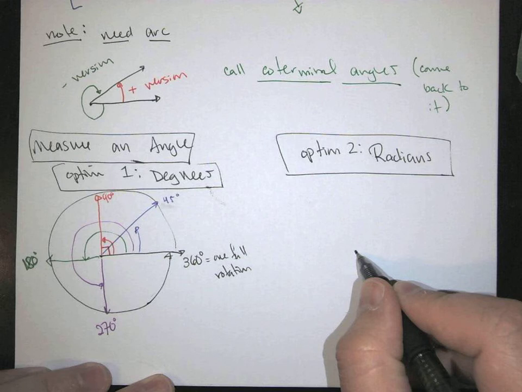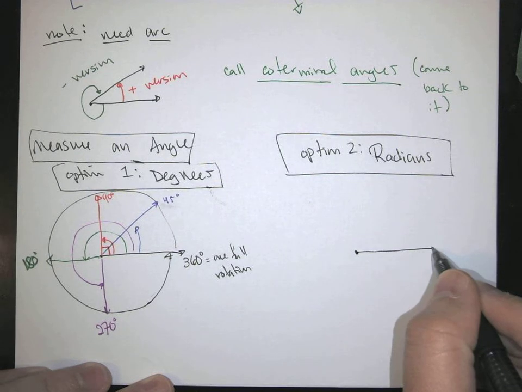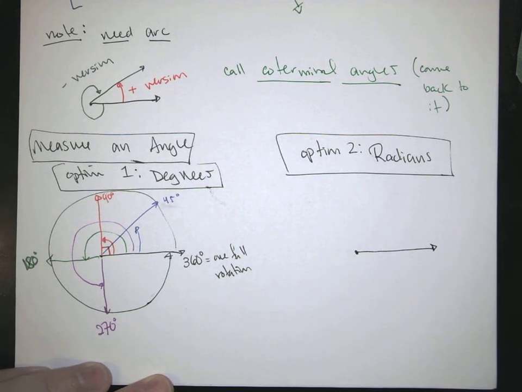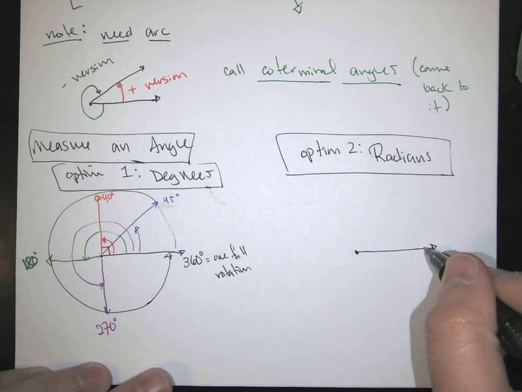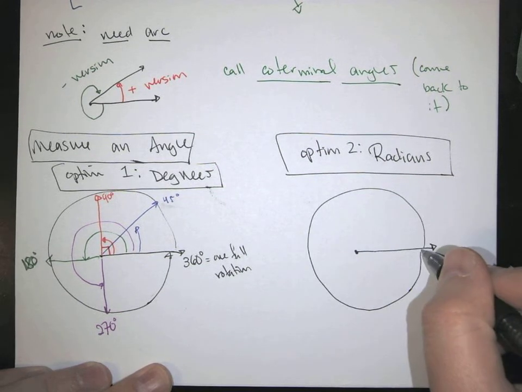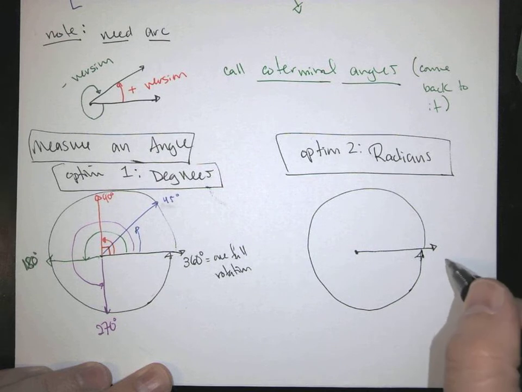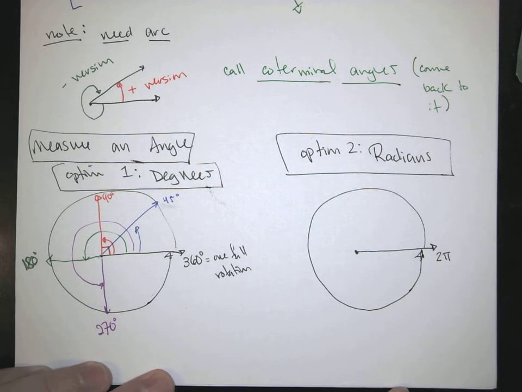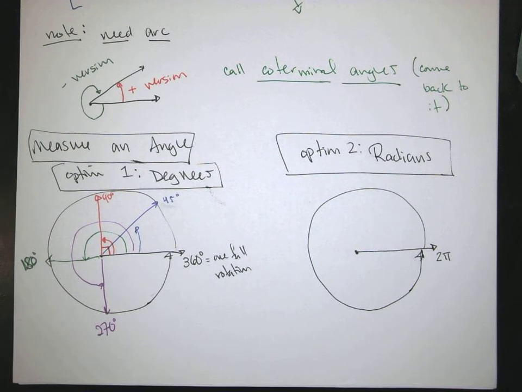And so what we need to know for radians is, what's our standard measure? If we start and go all the way around, it would have been 360 degrees, and in radians that is what we call 2 pi. It means 2 times the number pi.